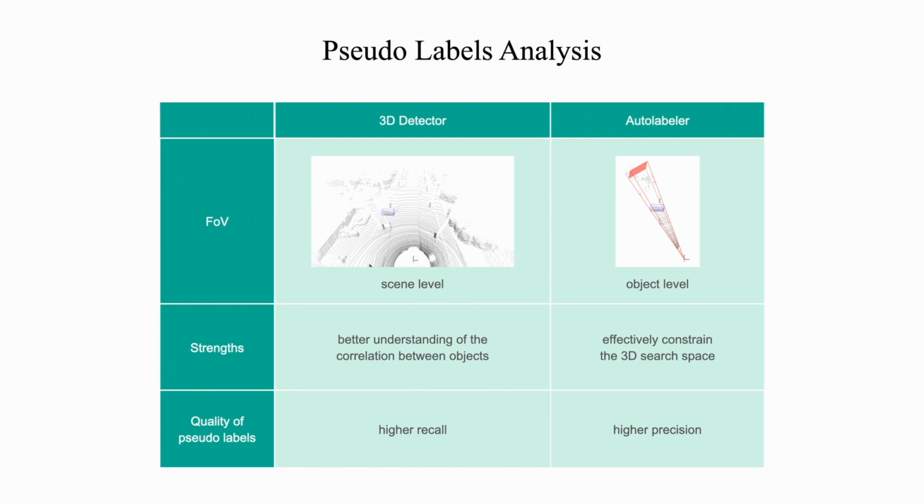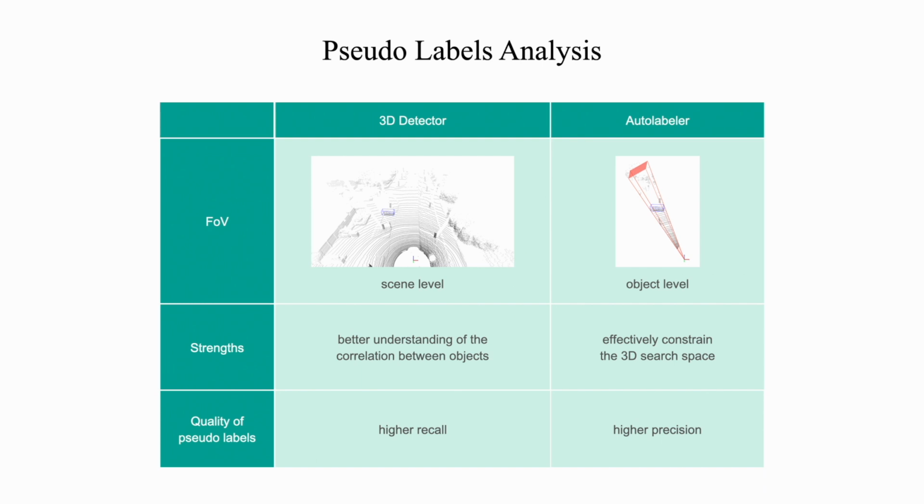Here we analyze the pseudo-labels generated by these two modalities and explain how our consistency fusion strategy enhances the quality of pseudo-labels. First, compared to AutoLabeler, the 3D detector has a larger field of view and operates at a scene level. Therefore, its strength lies in its ability to discern correlations between objects, resulting in higher recall.